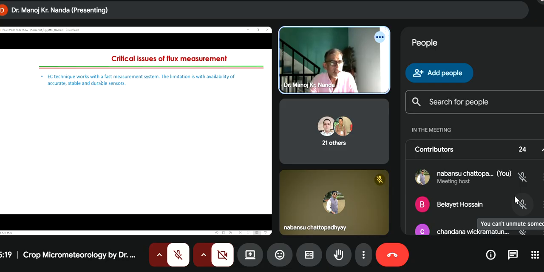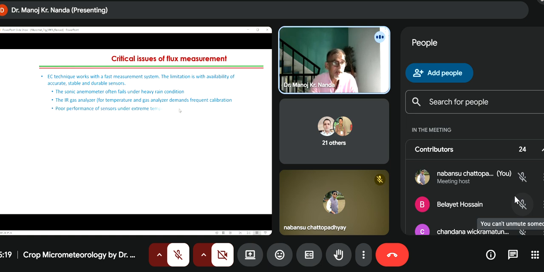So the EC technique works with a fast measurement system, and the limitation is the availability of accurate, stable and durable sensors in this case. Now, the sonicometer sometimes fails. I'm trying to discuss the limitations also. The sonicometer sometimes fails under heavy rain conditions. Then the infrared gas analyzer requires frequent calibration.